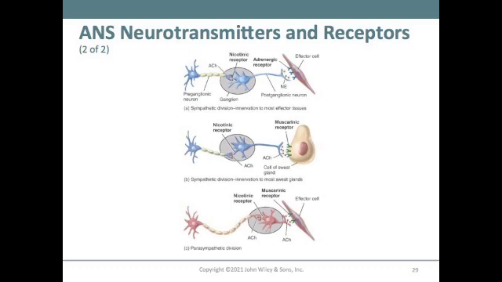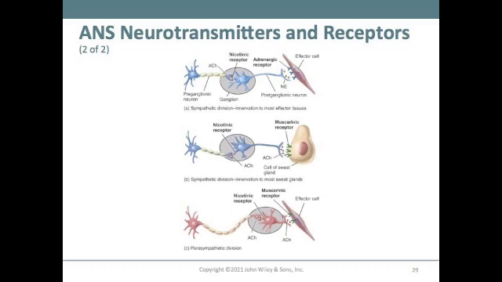So we can see here that the parasympathetic is always dealing with acetylcholine, and the sympathetic deals with either acetylcholine or norepinephrine.